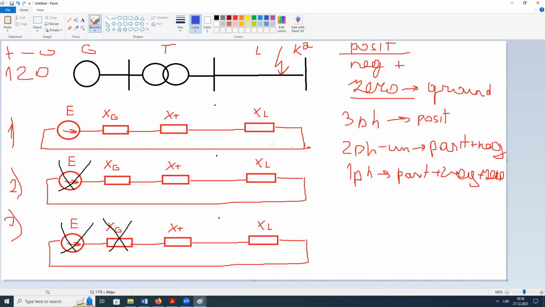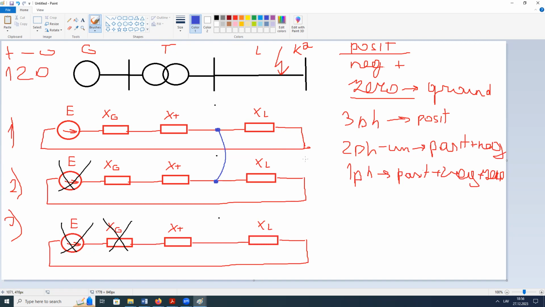If we have a two-phase fault, it means that at the node of the fault, where we got the fault, we are connecting them, and this is their neutral wire.